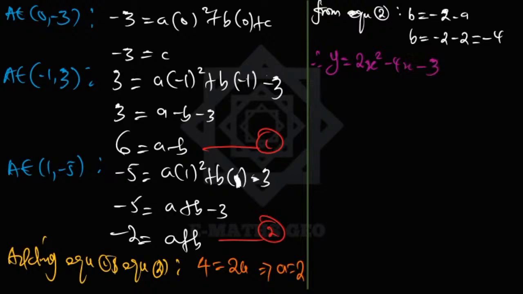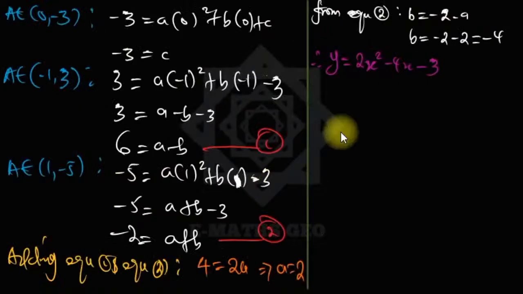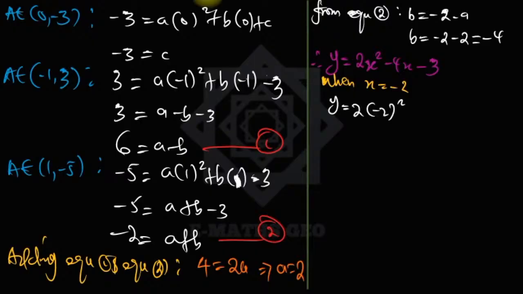So let's now fill up the table. We'll start with the first one, when x is -2, so we substitute. y is equal to 2(-2)² minus 4(-2) minus 3.